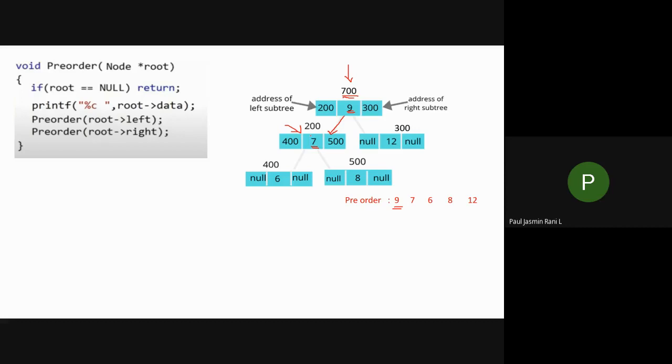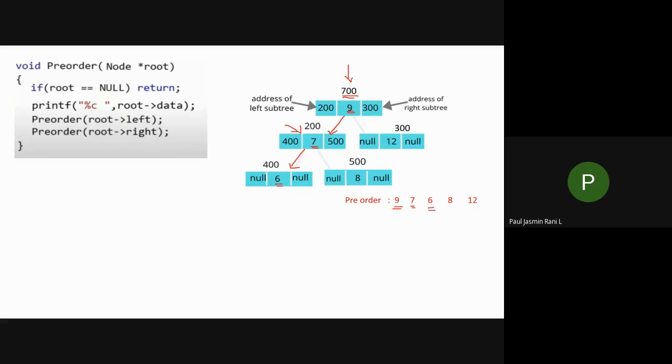Now this is your current node, and the value is 7. So 7 gets printed. Next, again you have to go along the left subtree till you reach null, isn't it? So again the left subtree element is 6. Again 6 is printed.